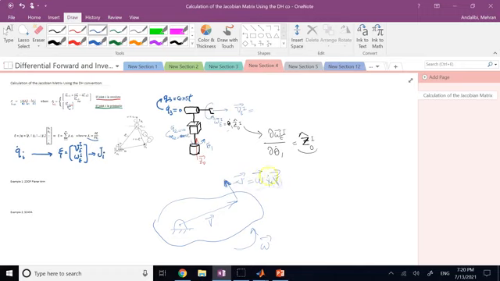Omega was the angular velocity and r was the distance from the point of interest to the center of rotation. If I cross these two, that was the v due to rotation.